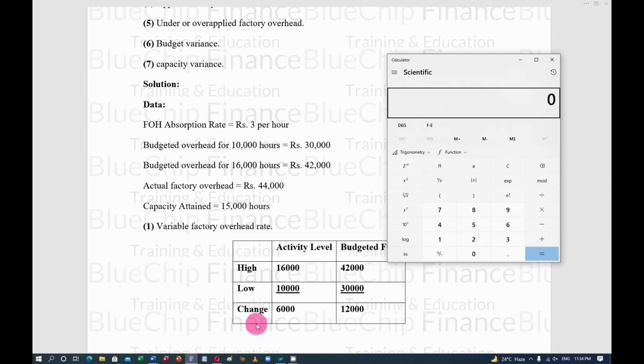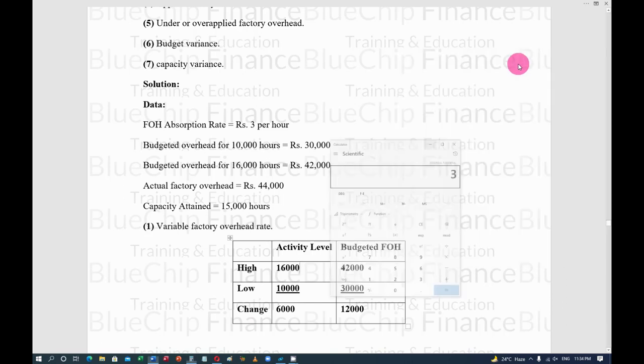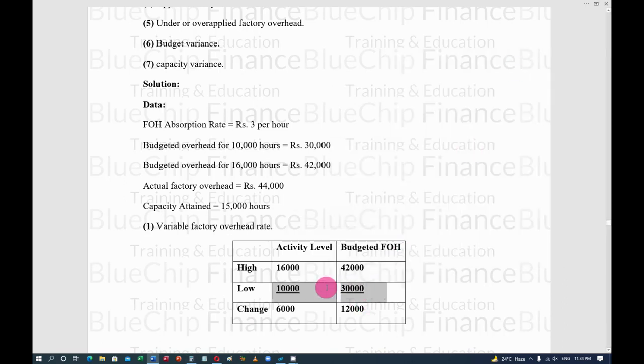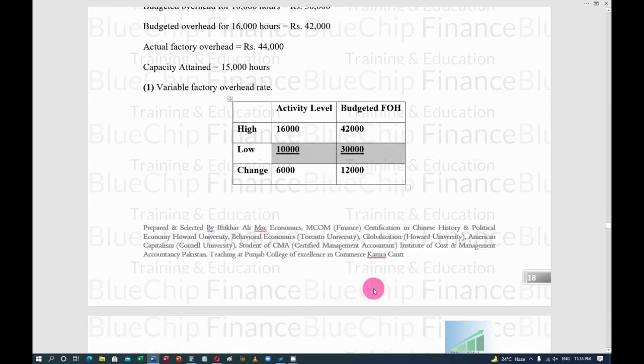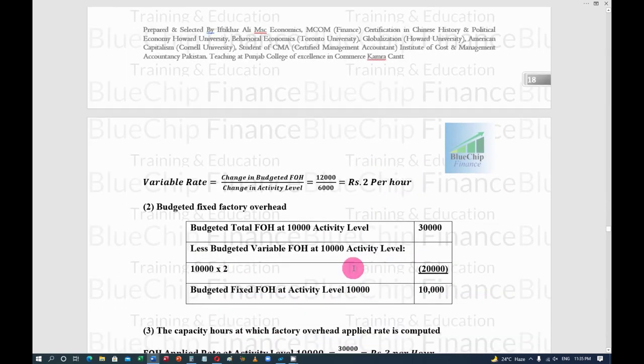If we calculate 42,000 divided by activity level 16,000, it is 2.625, and if we calculate 30,000 divided by 10,000, it equals 3. So they are using this level for the absorption rate. That is why we are going to use the 10,000 activity level.